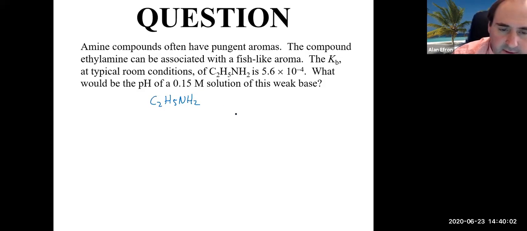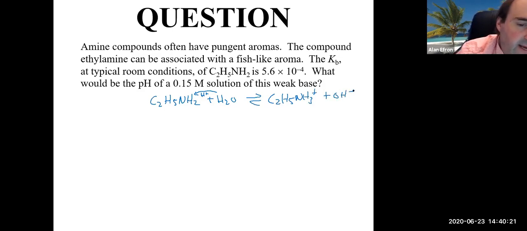People always struggle as to what to react it with, so the water sometimes helps you visualize what's going on. Again, a base means it's going to donate, right? And that's going to give you your C2H5NH3 plus, your OH minus. And again, it's important to be able to write these reactions so you can clearly see the OH minus. You know you're on the right track here.